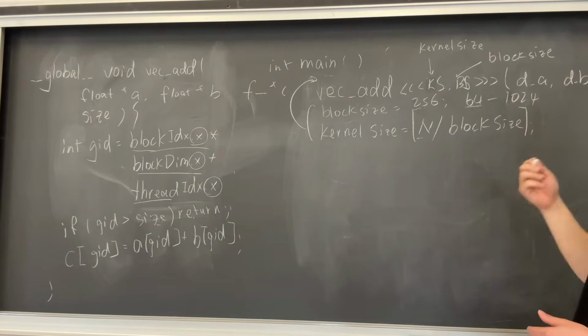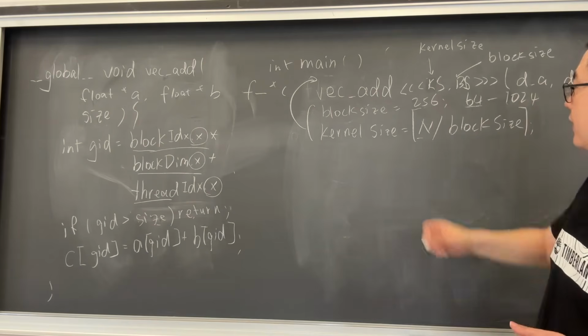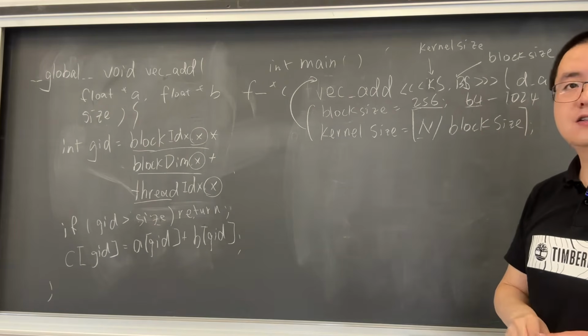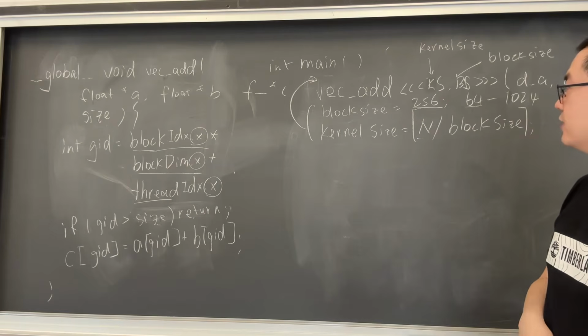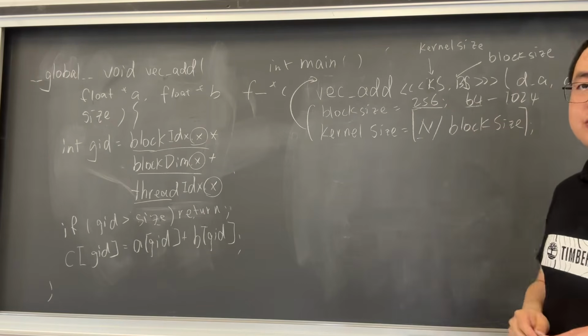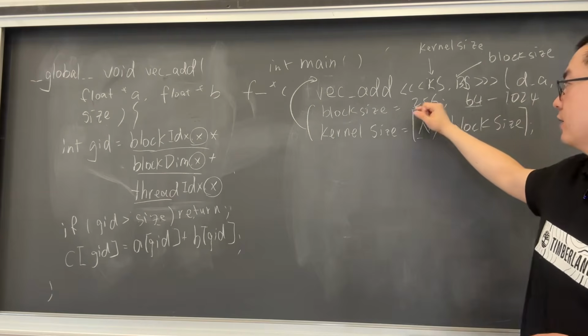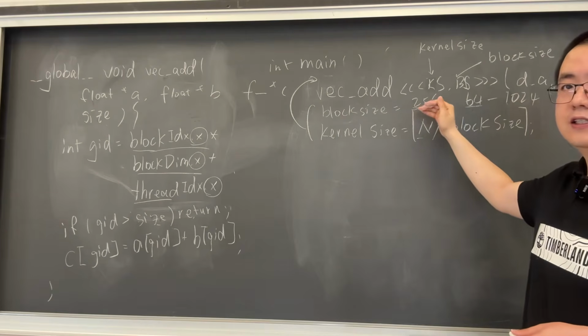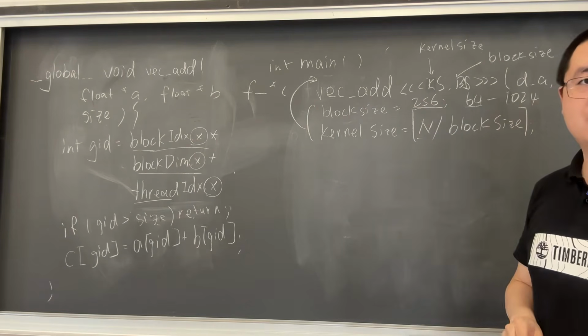Either 256, 512, or 1024. It sometimes matters a lot for performance, but at this stage, we're not diving that deep into GPU performance optimization. 256 or 64 are probably the most common numbers that we take.